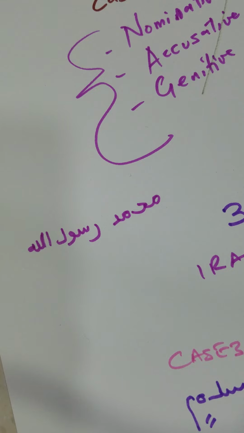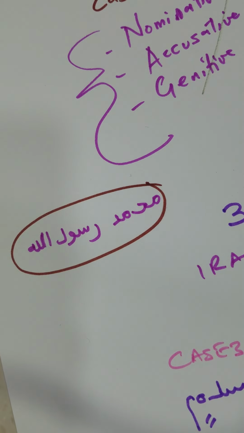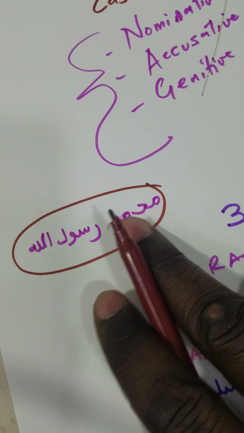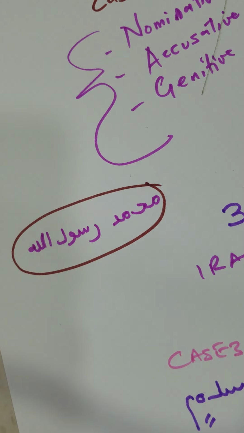Now, for example, look at this sentence. Okay, I'll have just a very brief sentence here. It reads, this is Muhammad, this is Rasul, this is Allah. And I told you yesterday that Arabic has a way of joining these words. So you cannot say Muhammad, Rasul, Allah. No. But you'll hear Muhammadun.